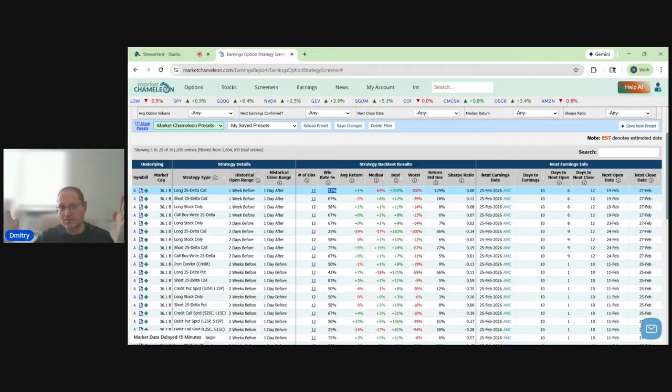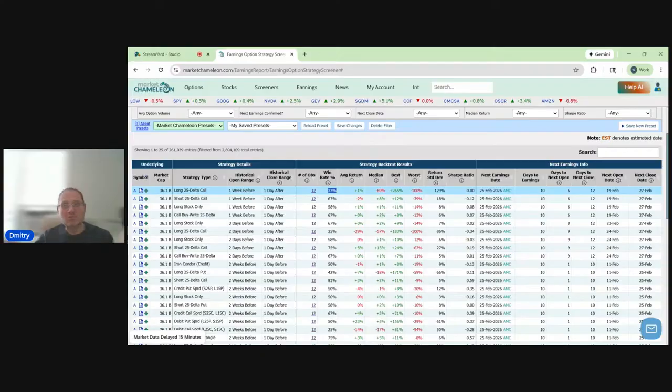Well, a call option, the profitability could be unlimited. So sometimes the one time or two times that it happens to be profitable, that could outweigh the 9 times it was unprofitable. It could be up 300%, 400%, and so on.